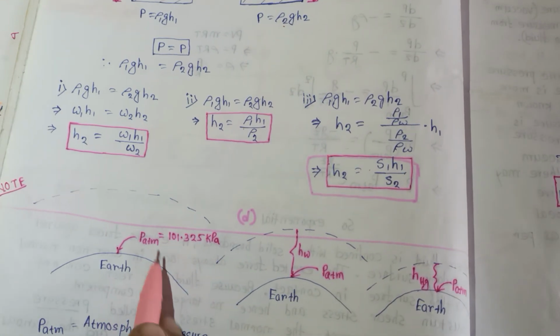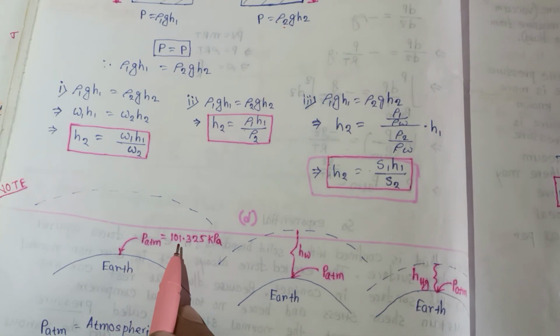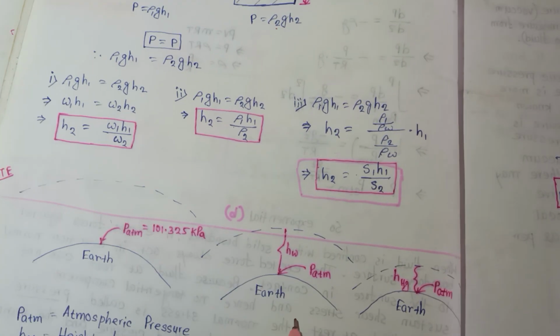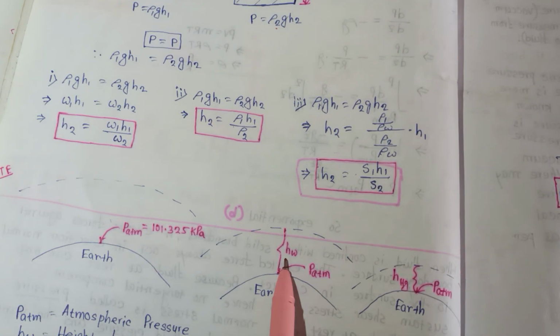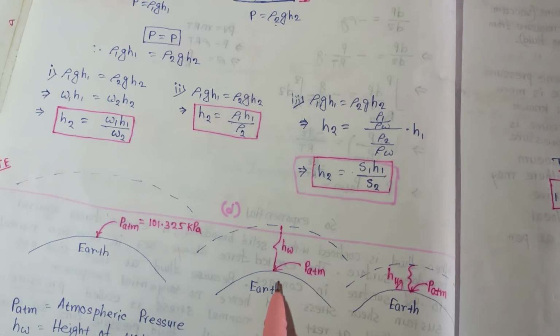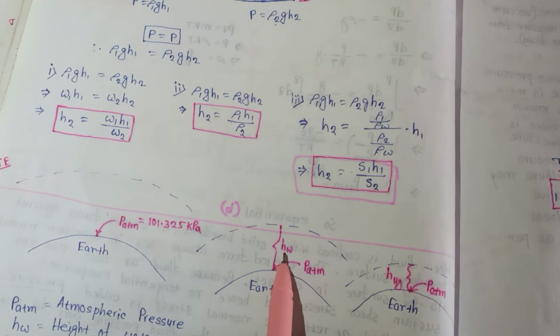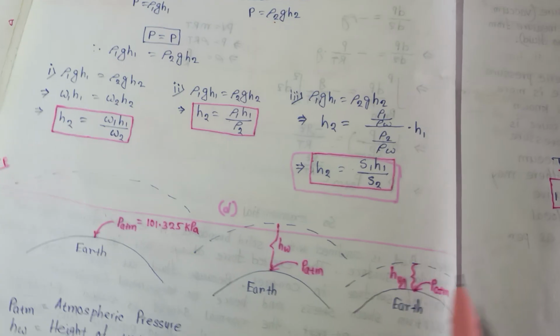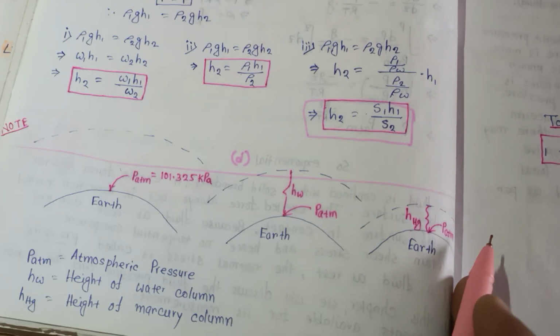Now here there is the earth and the atmospheric pressure, which is 101.325 kilopascal, and here there is the height of water, h of water. To calculate the pressure, the height of water will be greater than the height of mercury.